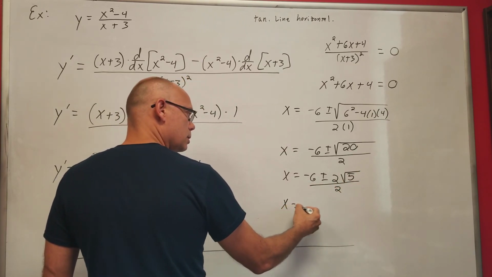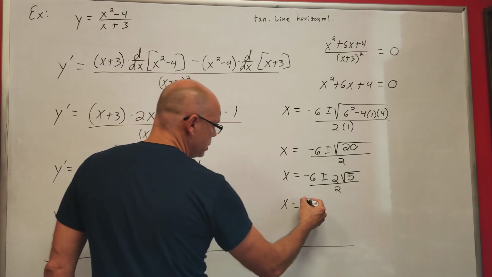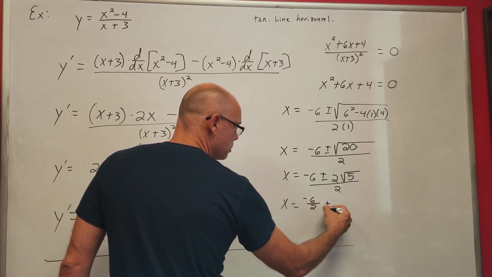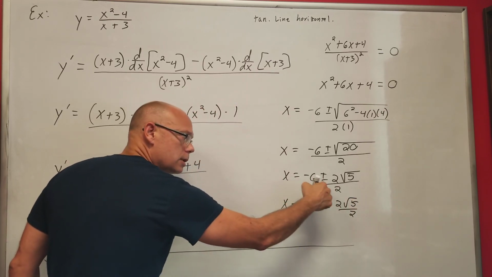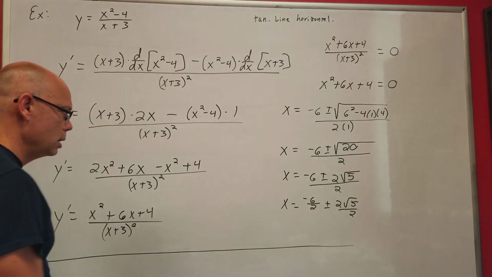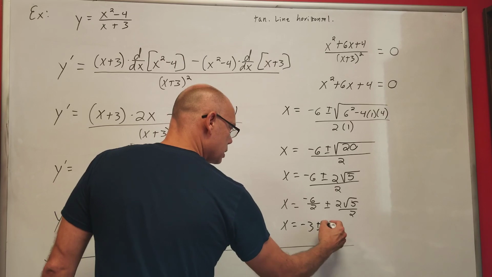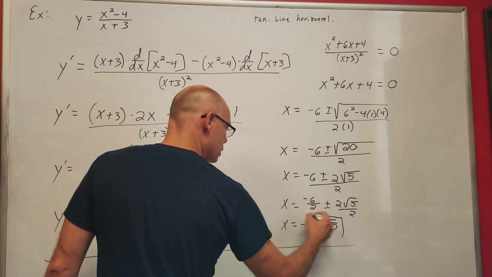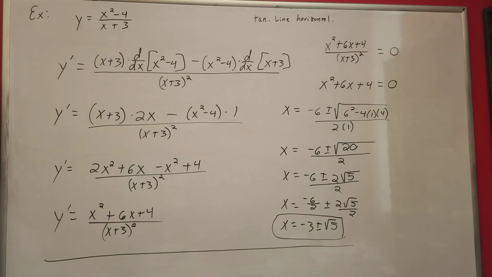Let me actually say negative 6 over 2 plus or minus 2 square roots of 5 over 2. In other words, I put negative 6 over 2 and I put that part over 2. So that means that x is equal to negative 3 plus or minus the square root of 5 is the values where my tangent line is horizontal.